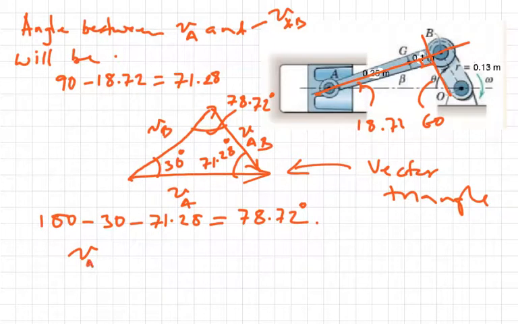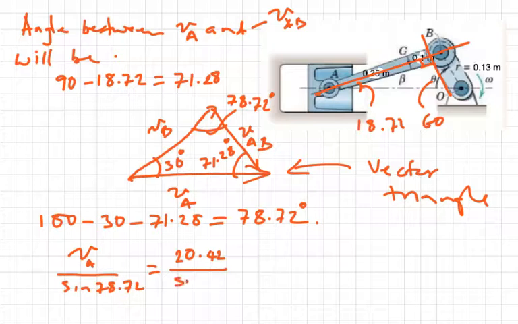To find VA, we have to say, using the sine rule, VA over sine 78.72 is equal to VB, because we already know VB, we calculated VB to be 20.42, over sine 71.28.